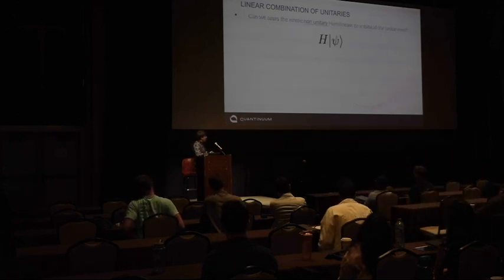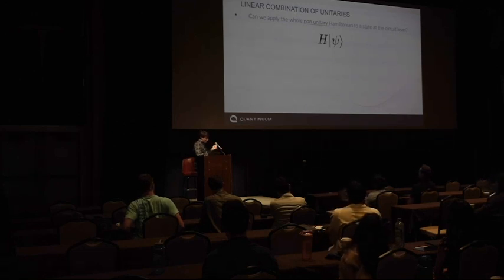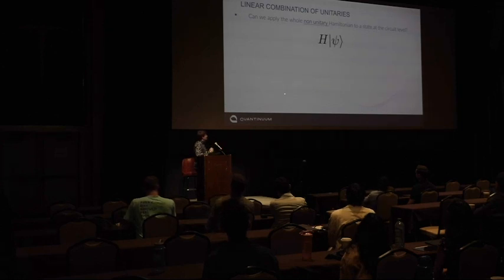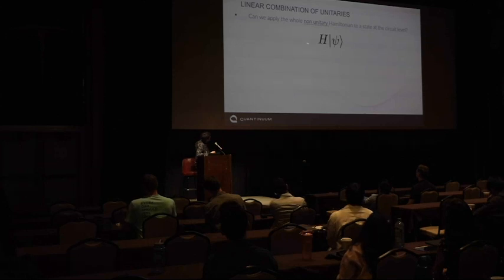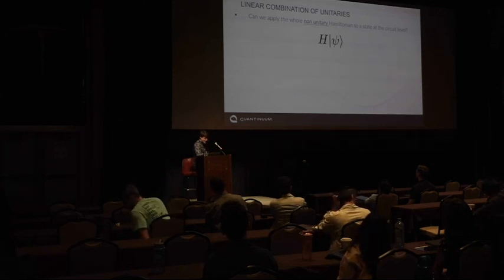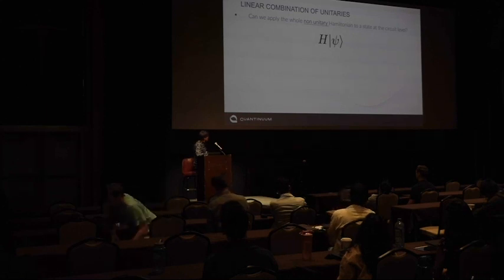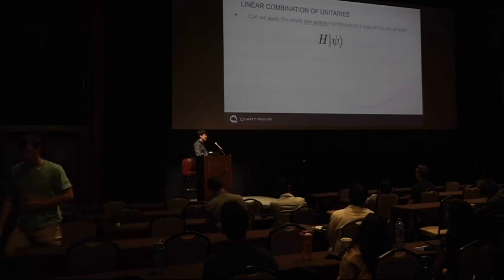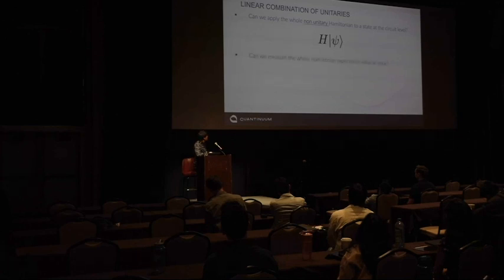But what if you could essentially apply the whole Hamiltonian to the state directly? Now, there's a problem here because obviously the Hamiltonians are non-unitary. They're Hermitian typically, sometimes anti-Hermitian with magnetism. But if you wanted to implement H acting on psi, it's quite difficult, because it's non-unitary, and quantum computers are obviously unitary operations.